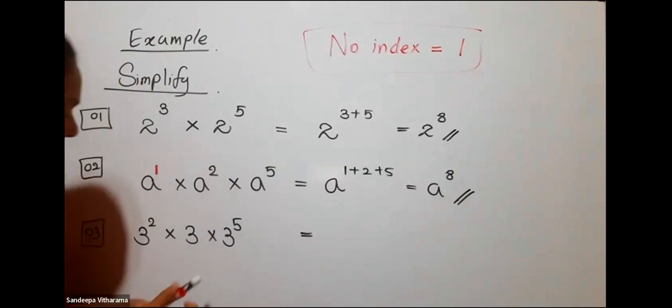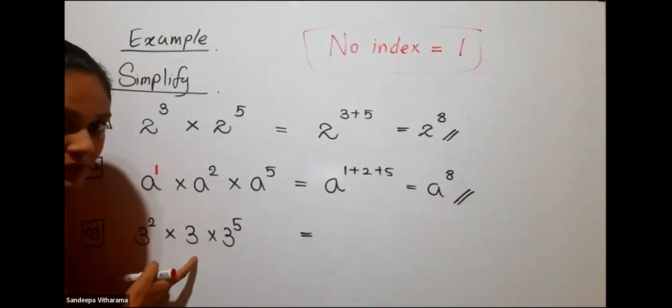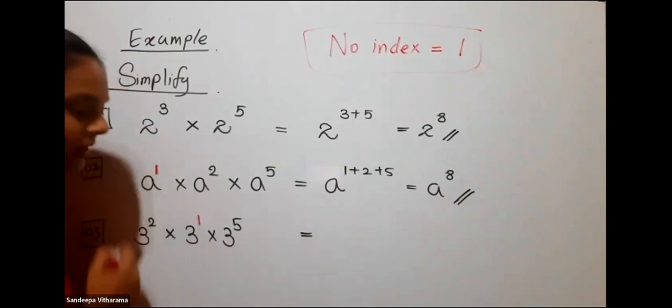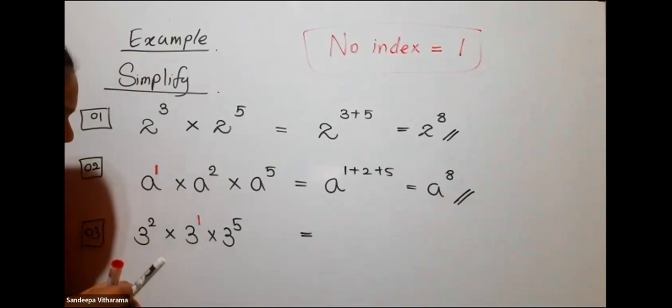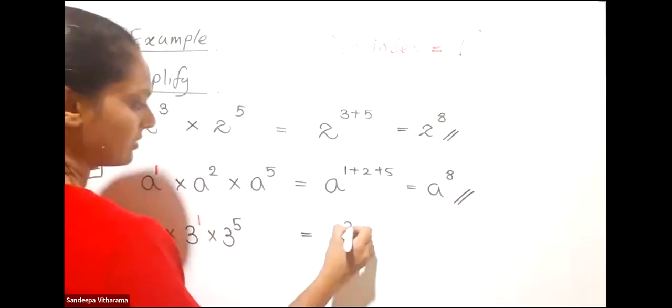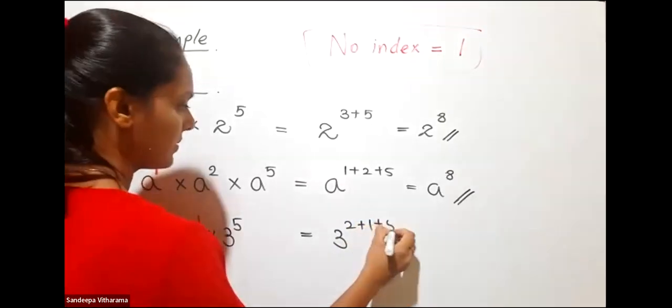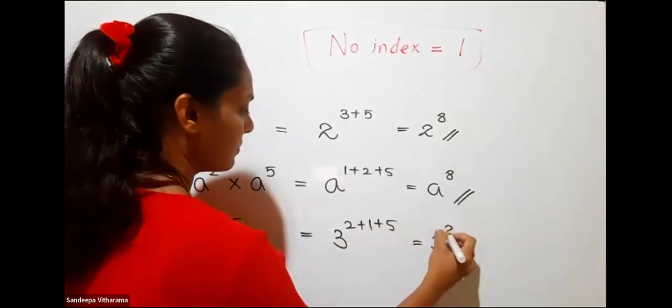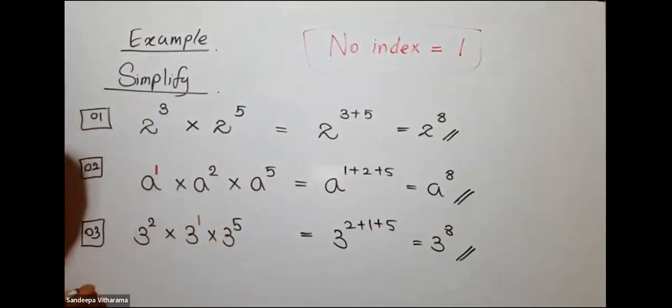Yes. Here there's no index, therefore we put 1 here. Now we can add these together. 2 plus 1 plus 5. Answer is 3 to the power of 8.